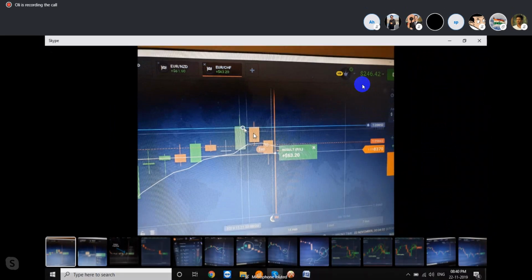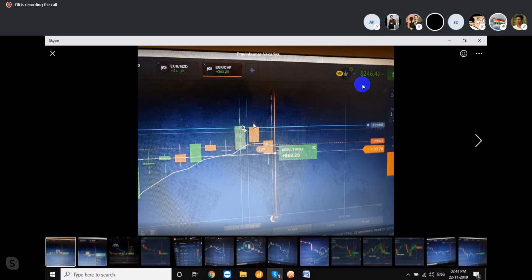The first candle should always be a bullish candle, like the pattern should be in an upward direction. The second candle should be a bearish candle, and that bearish candle must cover a minimum of 60% of the first candle. Right now it is 70% or 75%, something like that. It's the perfect one so that you can place your trade. This is what we call a dark cloud cover.